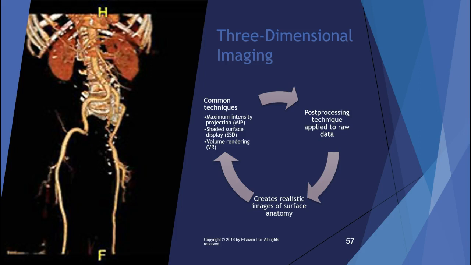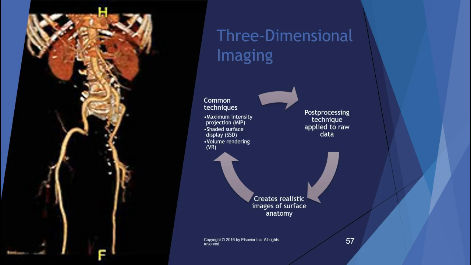Okay, the common techniques to make 3D imaging are MIPS, maximum intensity projections, SSDs, which are shaded surface displays, and volume rendering. The post-processing is always done on the raw data. So remember I told you in class, if the raw data is gone, you're out of luck. Okay, so all of these post-processing usually needs to be done within the first few days after the scan to make sure that the raw data is still available to do anything that the radiologist needs you to do.